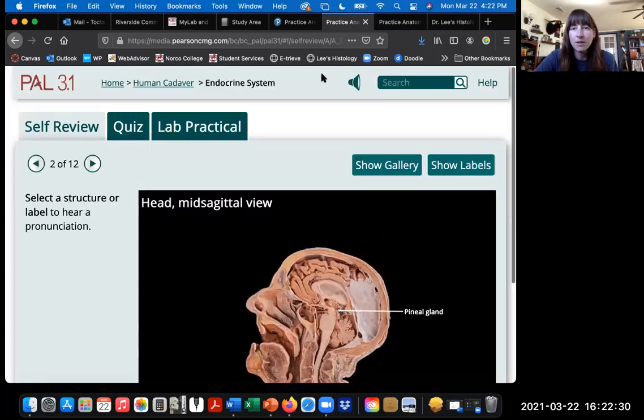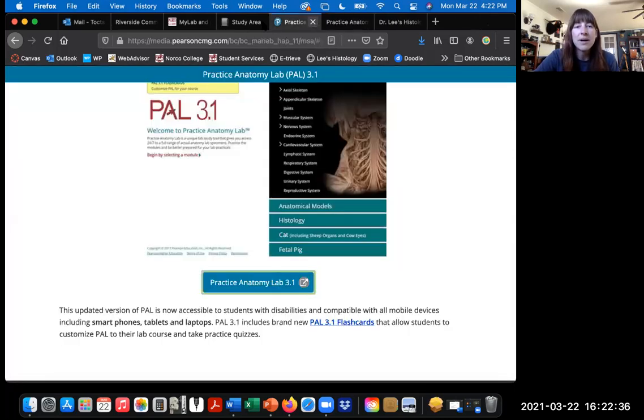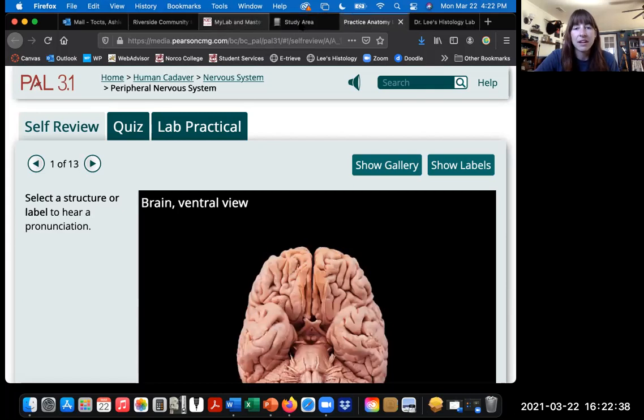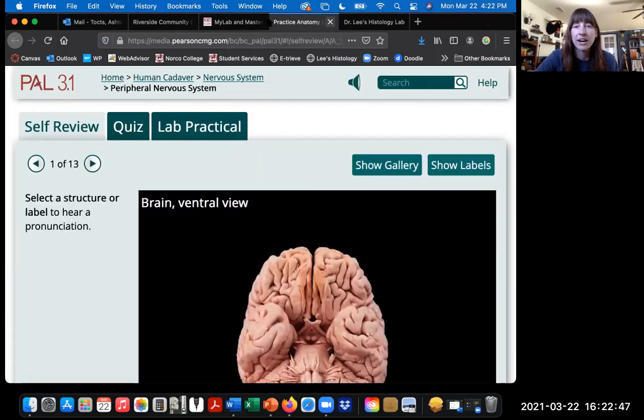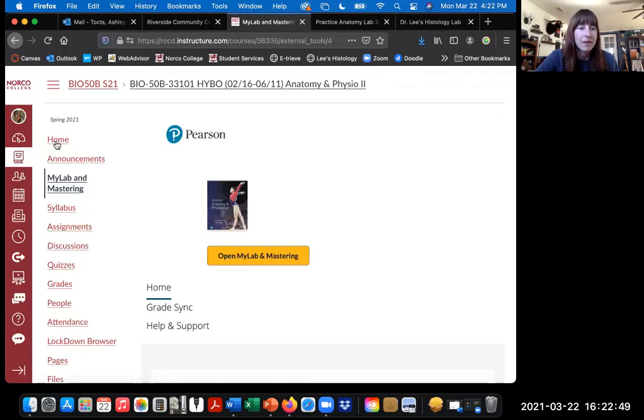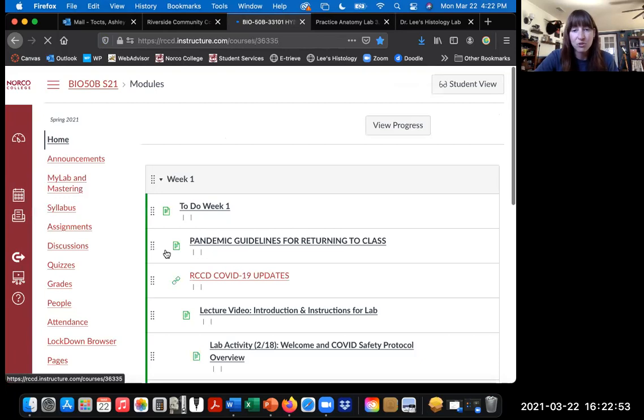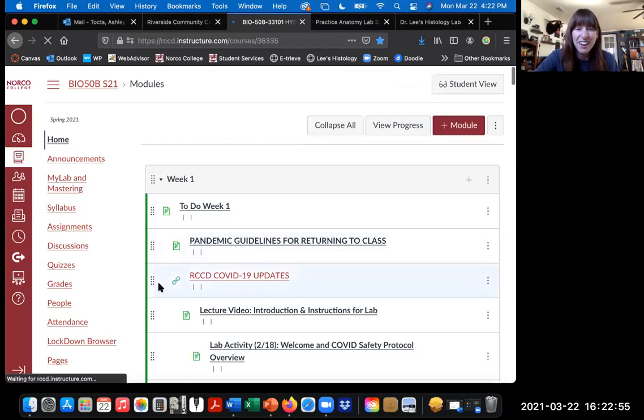So there is some nifty stuff, not as interactive as like Wiley, if that's what you're used to, but still very, very useful. Do launch the study area. Use these resources, you guys, okay? I swear it will be worth it. So that is in your to-do list along with your dynamic study modules, which are also there in that study area. That's the point of the study area.